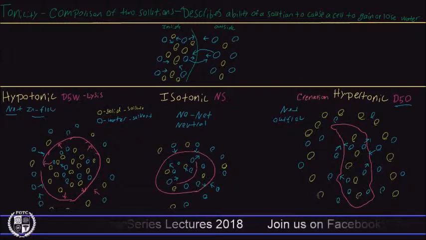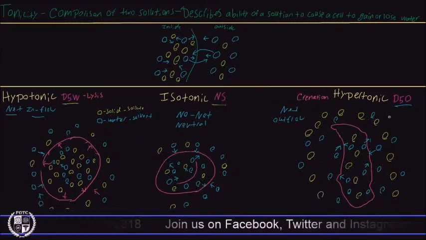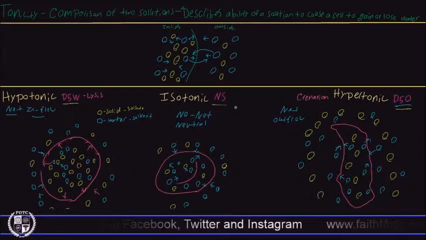It's all going to depend on what fluid you decide to give your patients, whether it be D5, normal saline, D50, or whatever it is. It is going to cause a net inflow if it's a hypotonic solution, a net outflow if it's a hypertonic solution, and everything's going to be really neutral if we have those isotonic solutions.